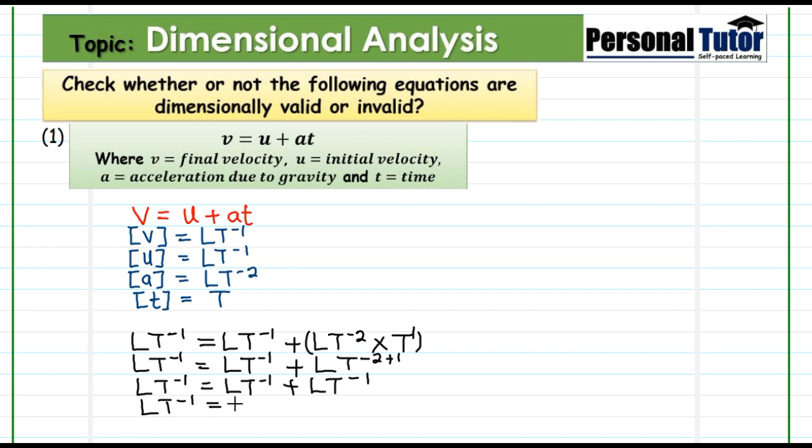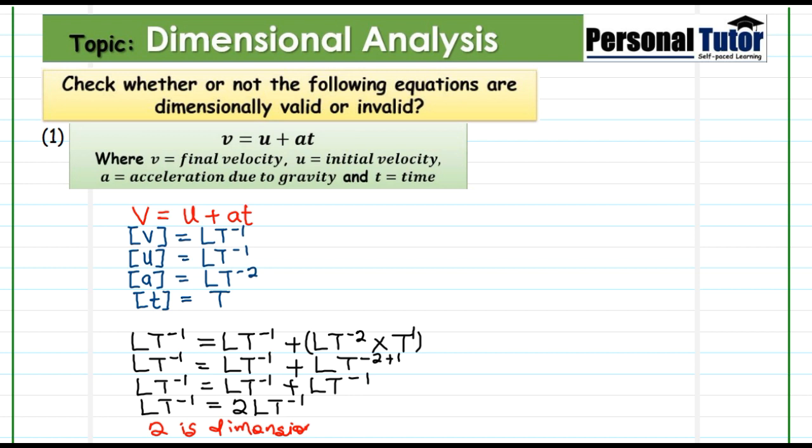And so when added, you have 2 L T exponent minus 1. Friends, don't forget something here. When we looked at lesson number 2, we said numbers, rational or irrational, are dimensionless. So in this our context here, the 2 here is said to be dimensionless.